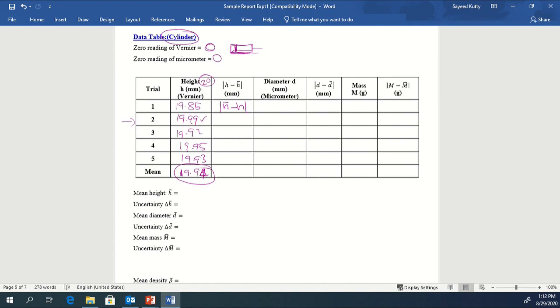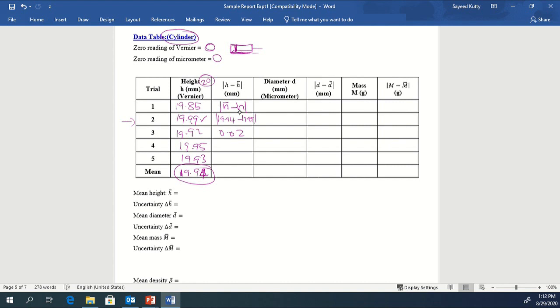The individual measured value is 19.99 and the mean value is 19.94. So 19.94 minus 19.99 gives you minus 0.05, but you will write 0.05. You don't write the negative sign.